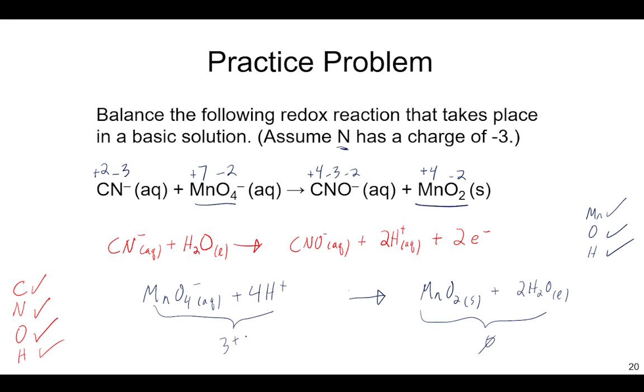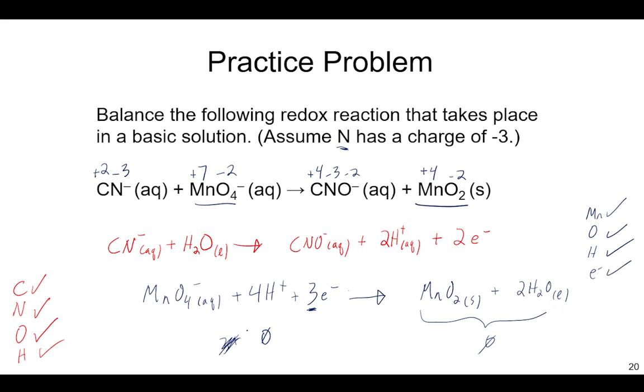And so now 3 is greater than 0, so I'm going to add electrons here to the left side because it has a greater charge and electrons are negative, and going to bring the 3 down to 2, down to 1, down to 0. So that's a difference of 3. So I've added 3 electrons here, and now my total charge on the left is 0, and my charges are balanced.